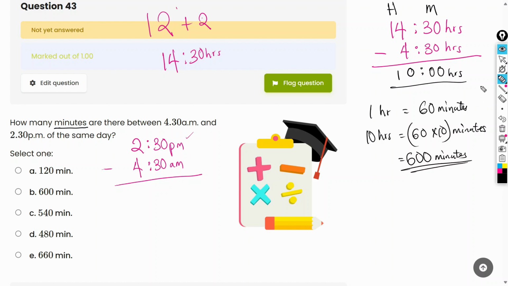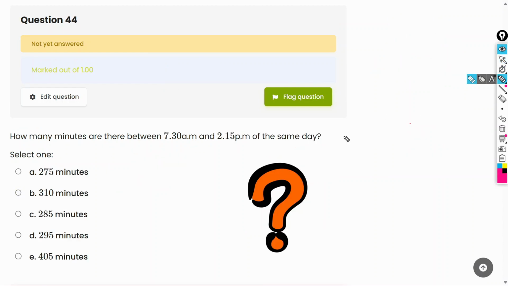So there are 600 minutes between 4:30 a.m. and 2:30 p.m. How many minutes are there between 7:30 a.m. and 2:15 p.m.? From 7:30 a.m. to 2:15 p.m., we need to subtract to figure out first how many hours are between them.